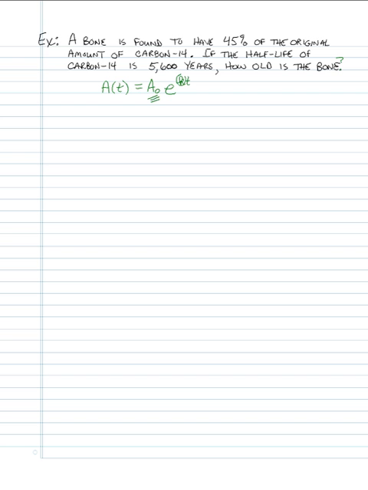So, here's what we're going to do. The first thing we're going to do is calculate k. Okay? We need to find k. And the way we're going to do that is we're going to use the half-life information.